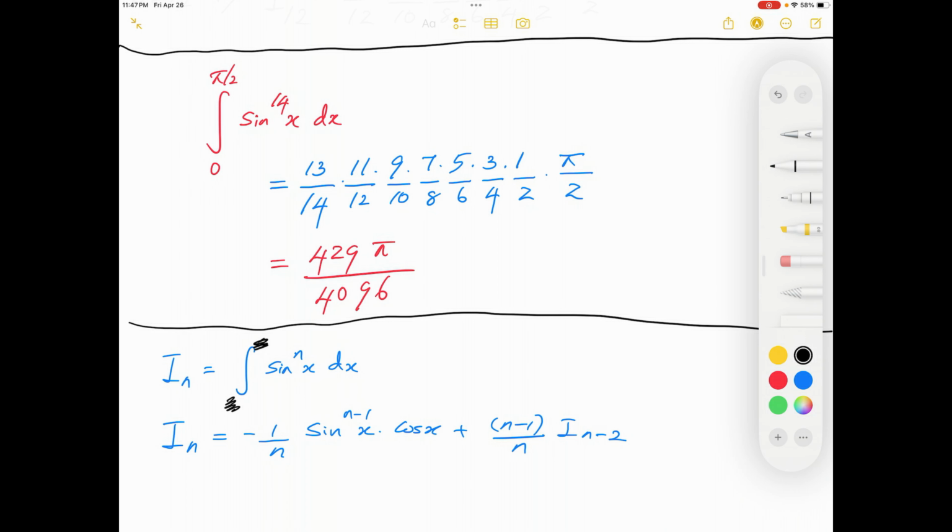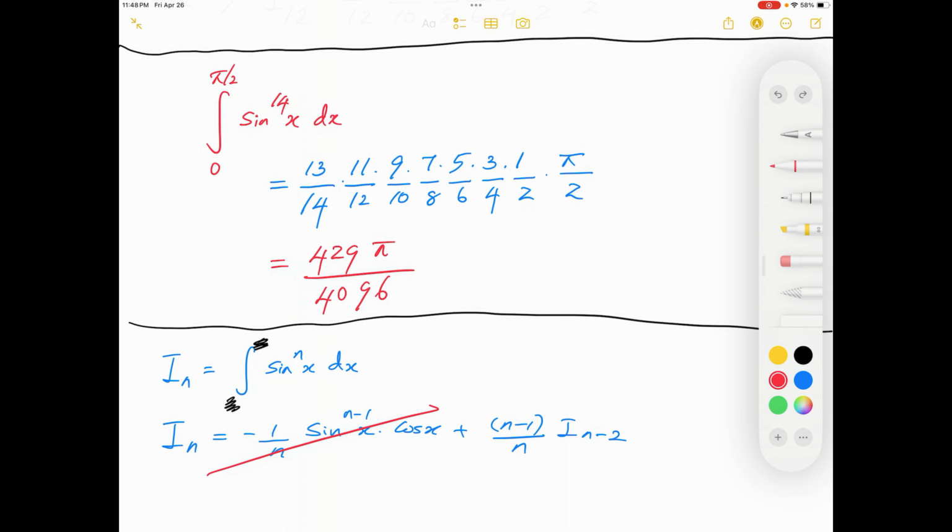Under the discussion for Wallis's product, remember, we had this integral as a definite integral, which means we have certain lower and upper limits. Remember, before applying this theorem, we need to make sure that this first part of the reduction formula is going to be equal to 0 for each of those two given limits.